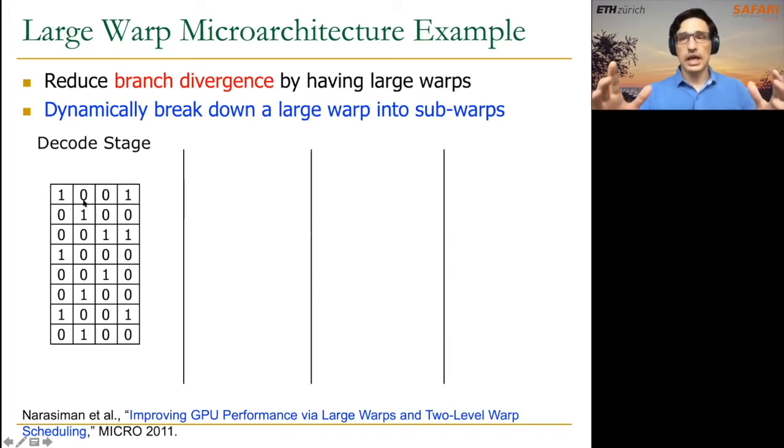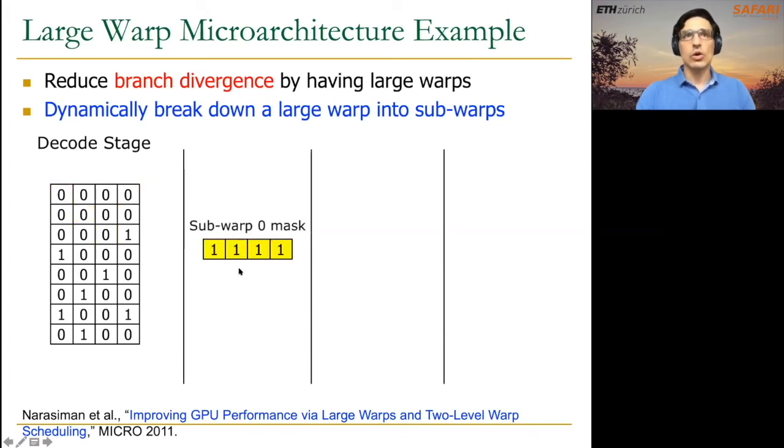But using large warps allows us to create smaller subwarps that are going to be merged and executed all together. So imagine in this toy example that the large warp has 24 or 32 threads, but in reality, the number of lanes that we have in the GPU core is 4.